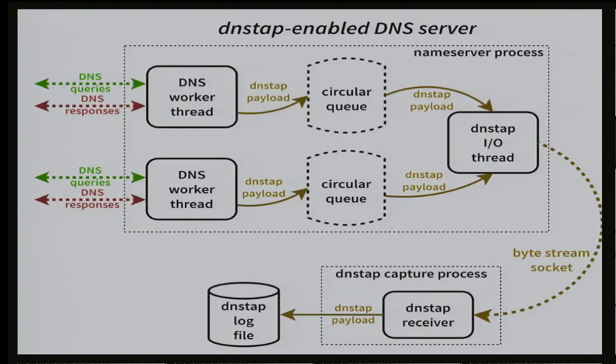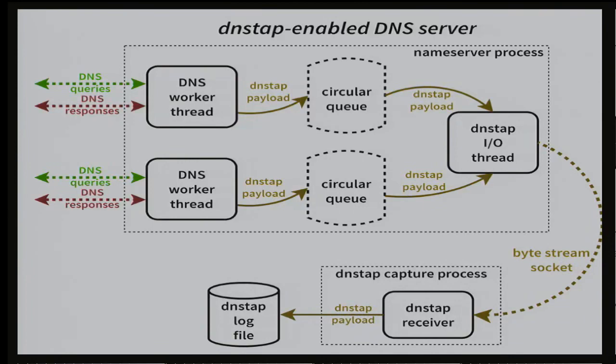But then we add dnstap support to this DNS server, and basically we have this brown arrow: the dnstap payload comes out of the worker thread and goes onto a circular queue.